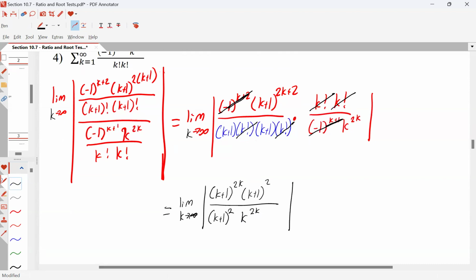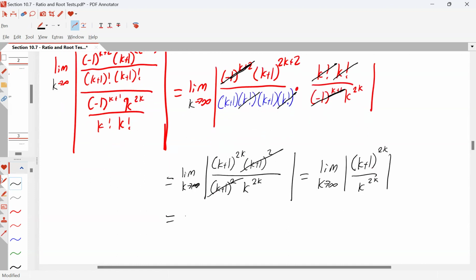So our k plus 1 squareds cancel, and this long limit has broken all the way down to just being k plus 1 to the 2k over k to the 2k.